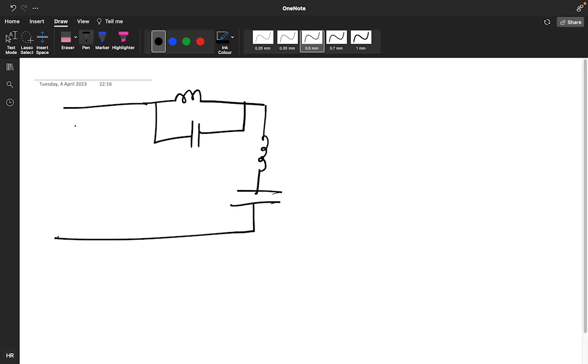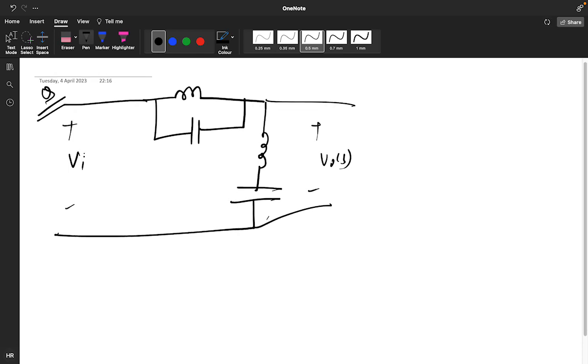This is my plus minus V naught of s. This is my plus minus Vi of s. So what will we do? We'll do the same thing: put s equals 0 and check whether the current will come or not.